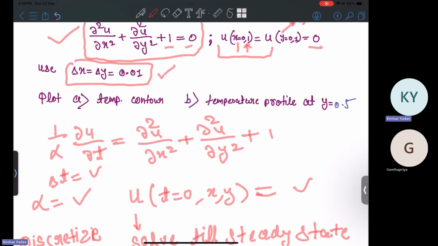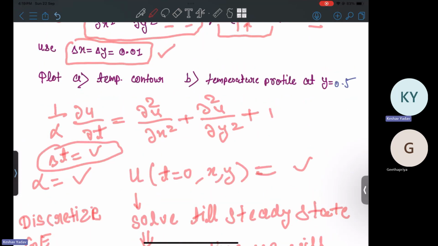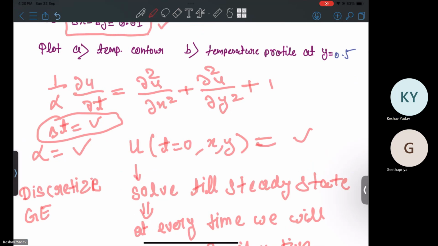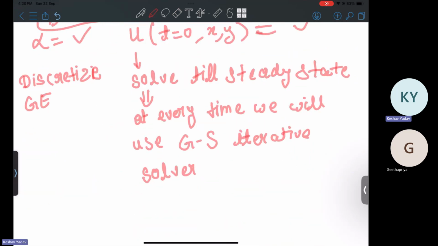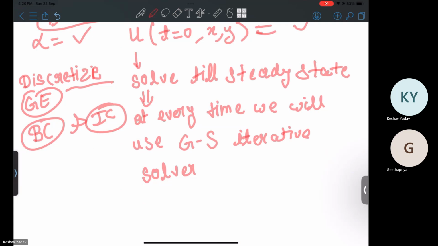Delta x is already given in the question, but delta t is not given. So we will assume some delta t. We will discretize the governing equation. Then we will discretize the boundary condition. There will be no need to discretize the initial condition.